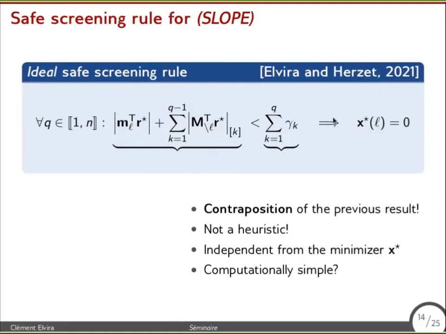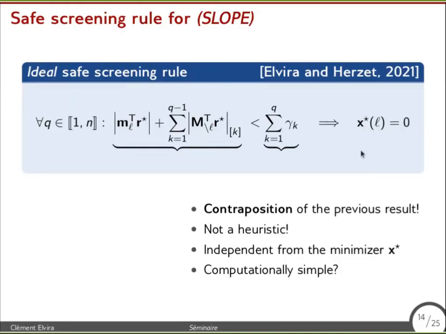So we just took the contraposition of the previous result, and it reads as follows: if for all values of Q, the condition that was involved in the sufficient condition from the previous slide is satisfied. So this condition involves the columns of M and R star, the solution to the dual problem, then necessarily it corresponds to a 0 in the solution of the slope problem.